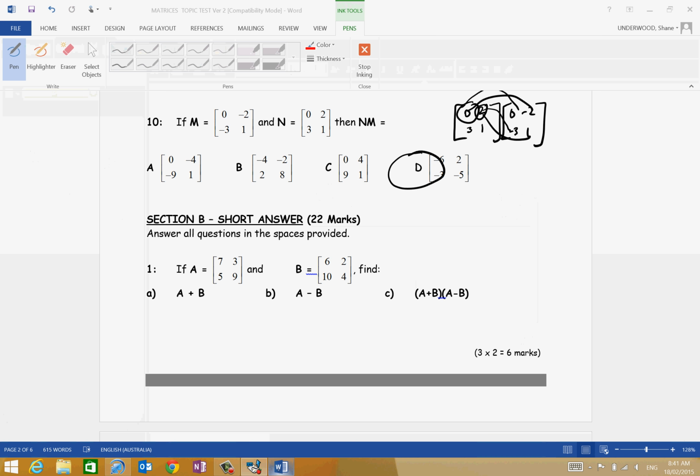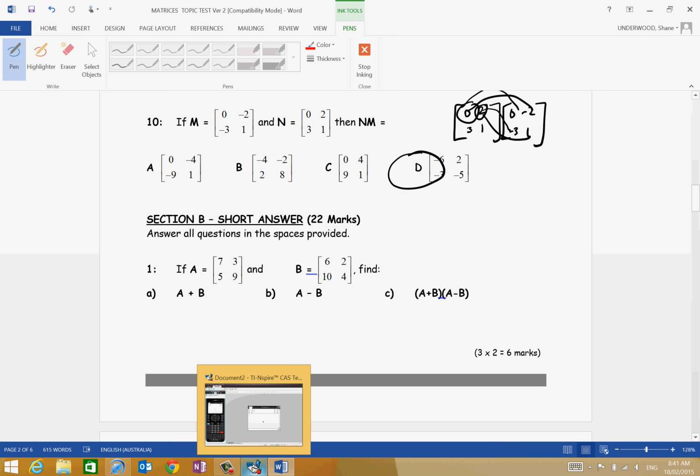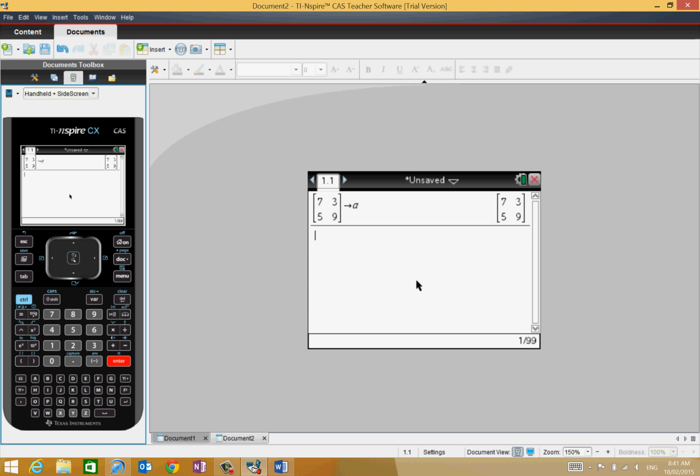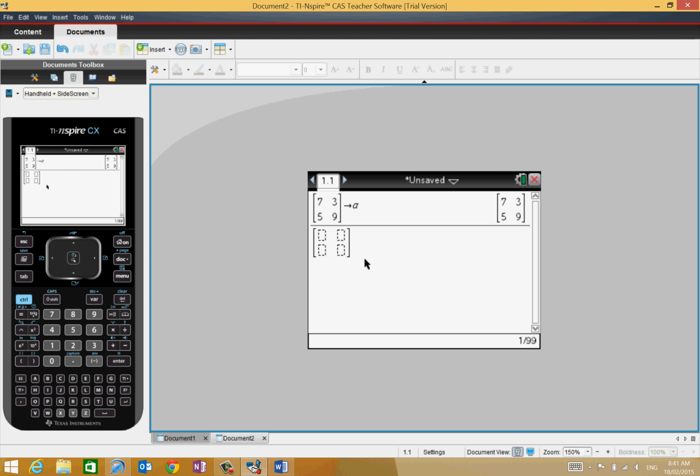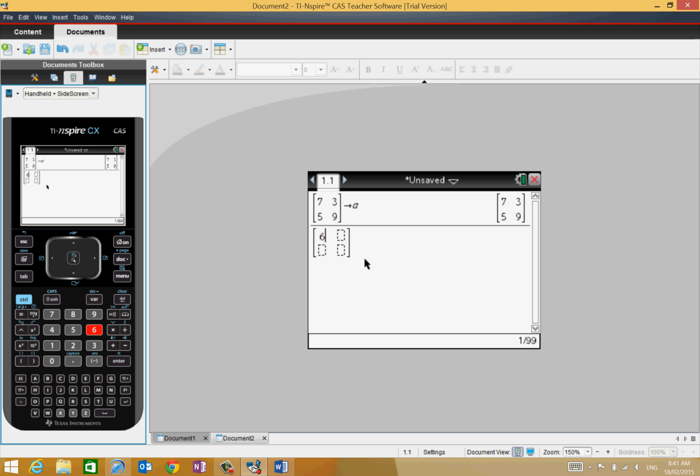Likewise, we've got another variable B that we'll be using, 6, 2, 10, and 4. So let's go ahead and do that, and we'll store that as B. It's quite small, icons. 6, 2, that was 4, and that was 10.